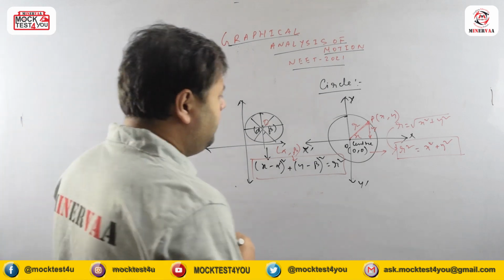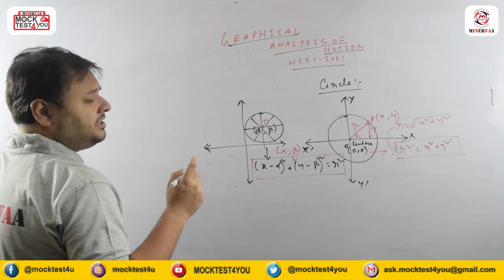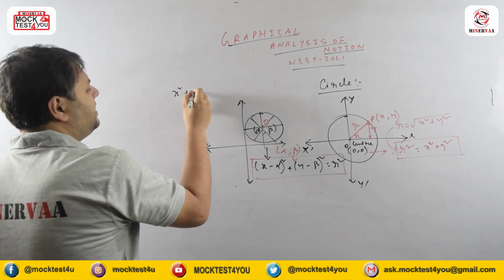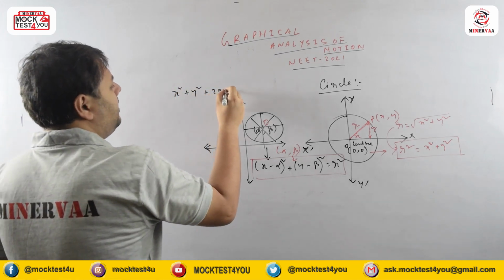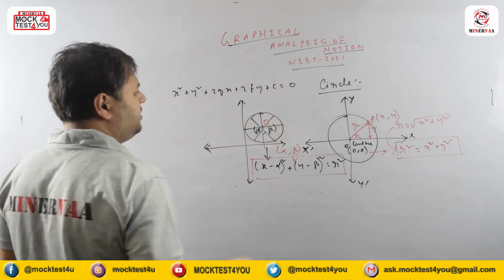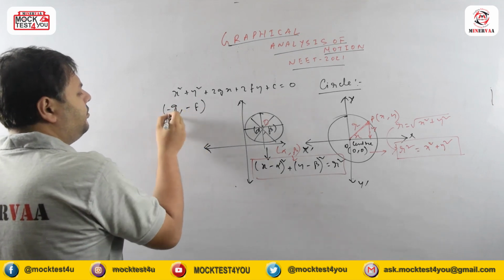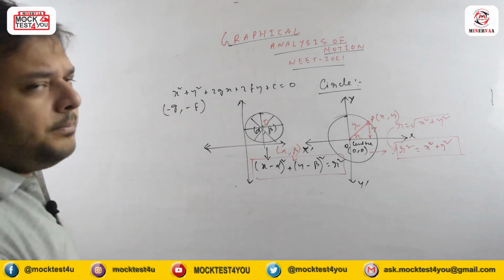Now from here, there is a general equation of the circle, we must follow it. This is very, very important. That is x square plus y square plus 2gx plus 2fy plus c equals 0, where c is a constant, and the center of the circle has the coordinate minus g, minus f.